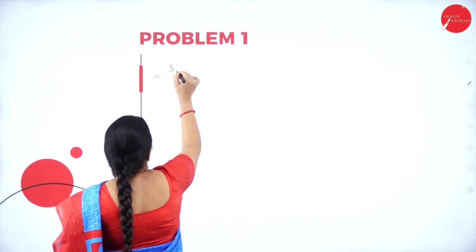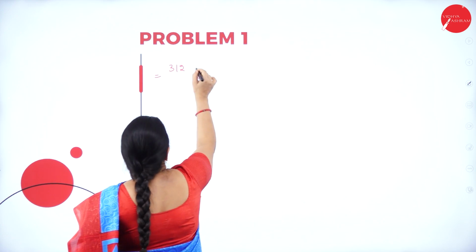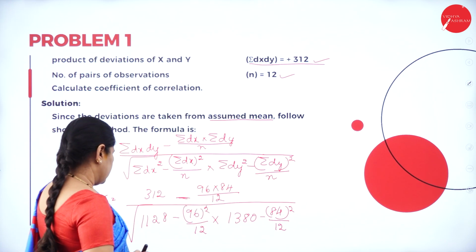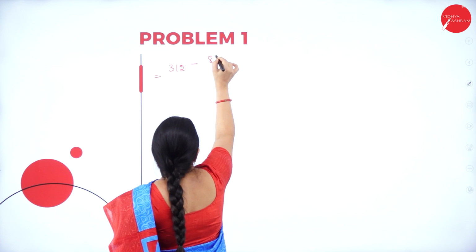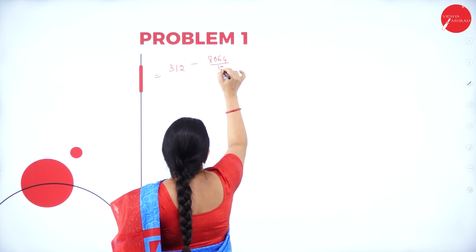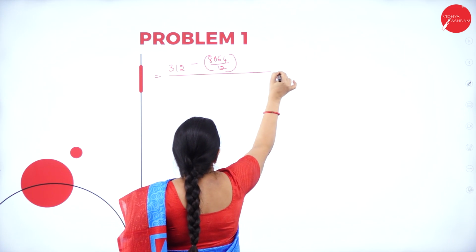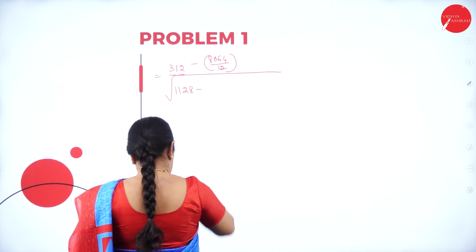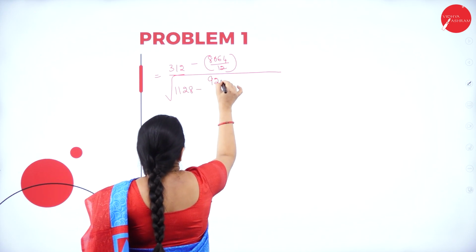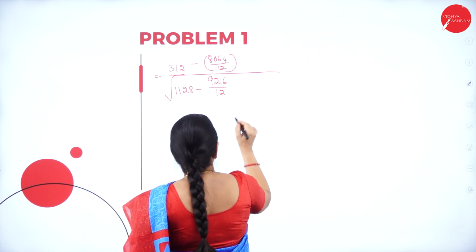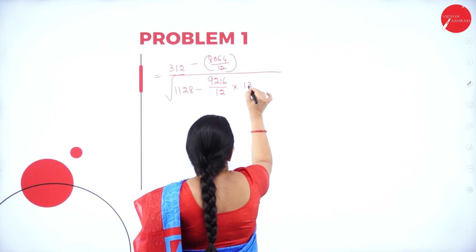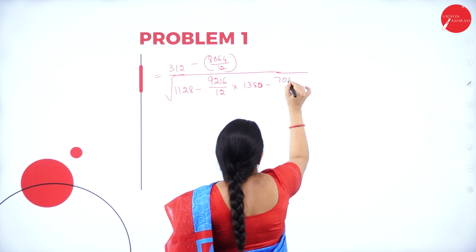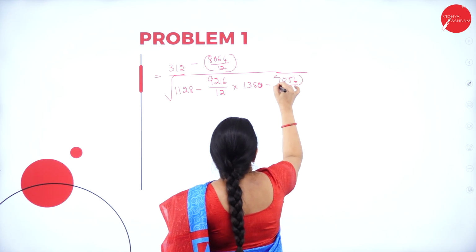So this is equal to 312 minus, 96 into 84 will be 8064, divided by 12, whole over root of 1128 minus 9216 divided by 12, into 1380 minus 7056 divided by 12.